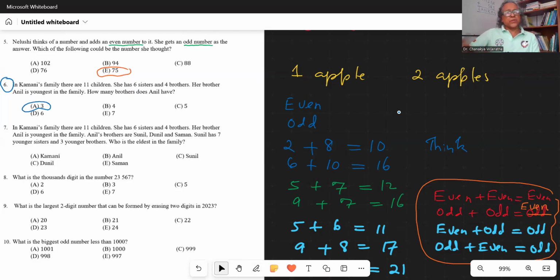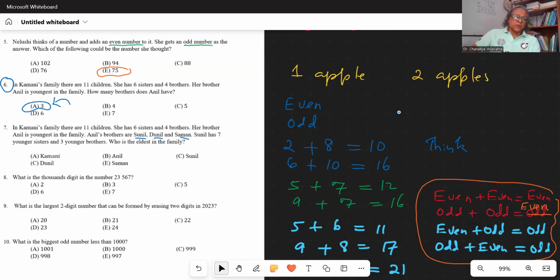And now the next question on the same family. Now the brother Anil is the youngest. Same information. Now we are told that Anil's brothers are Sunil, Bill, and Samar. Well, now somebody can actually find the answer to number 6 from number 7, because it says Anil's brothers are Sunil, Bill, and Samar. So 3 brothers, the answer we got.